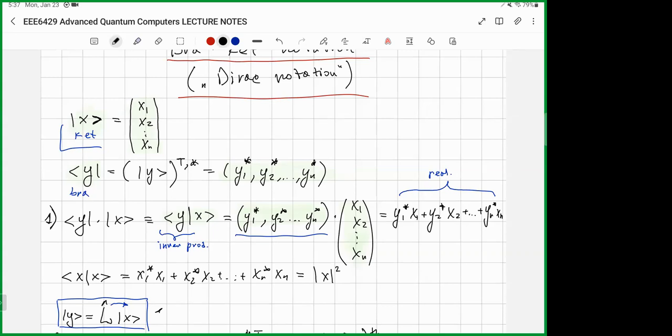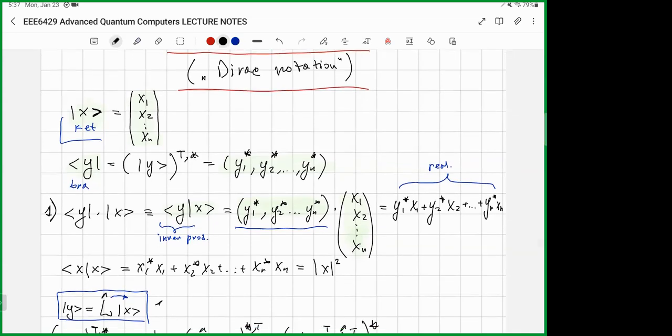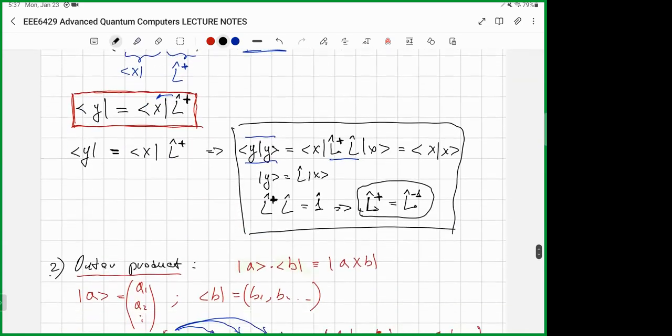That's why we introduce the bra notation. But of course, the vector itself doesn't change when we transpose it and complex conjugate it. It is just the way we write the same vector.